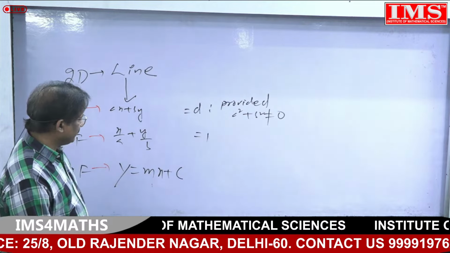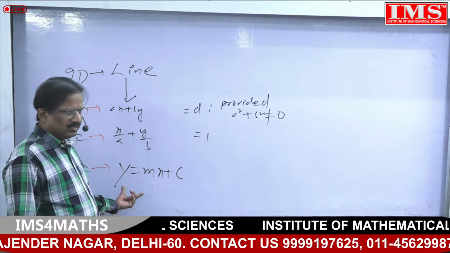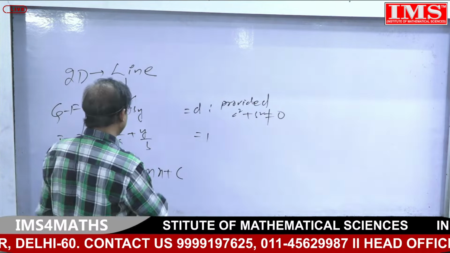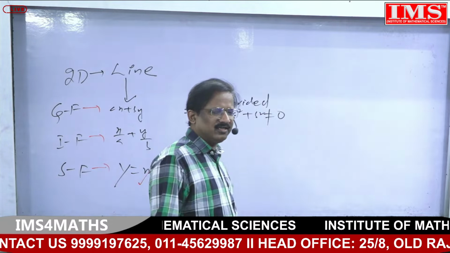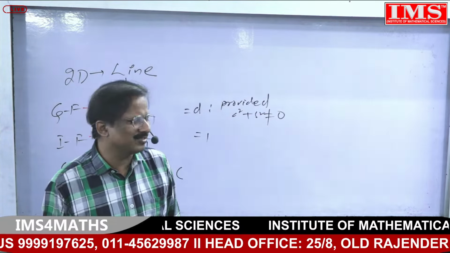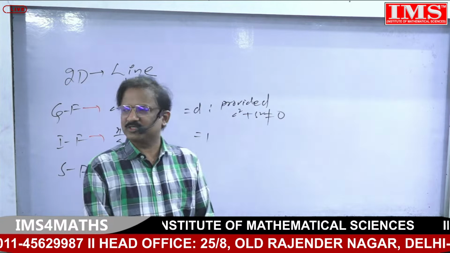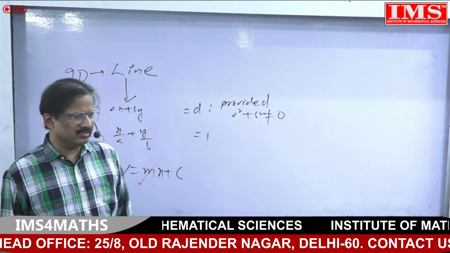In the case of a line in 2D, you can have a slope. But in 3D, for a line, you can have not a slope but direction cosines and direction ratios.